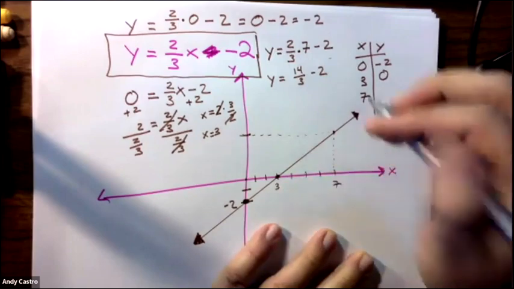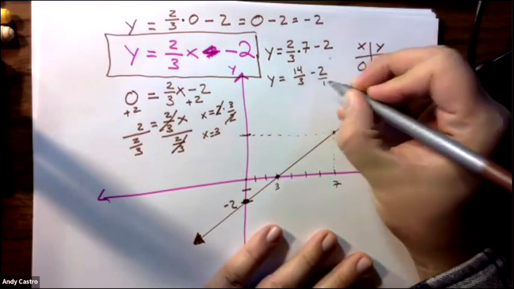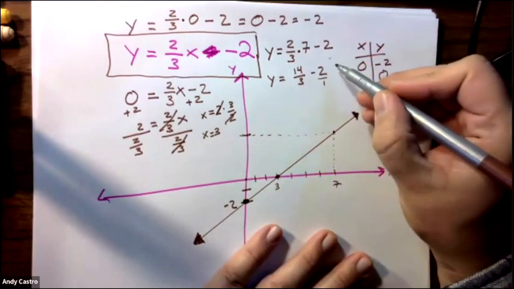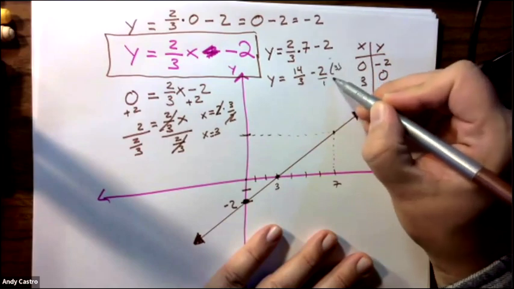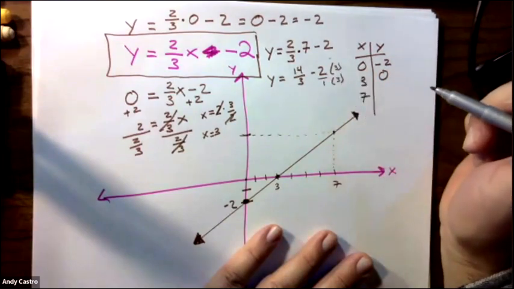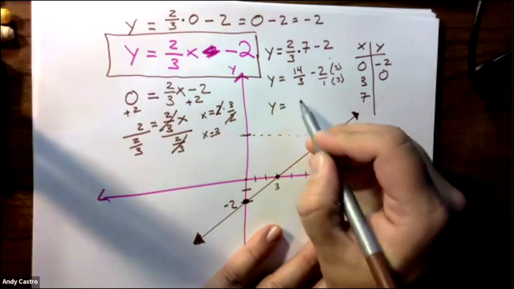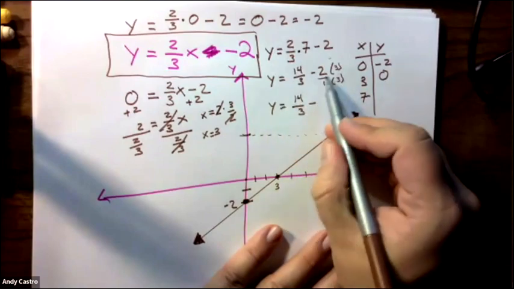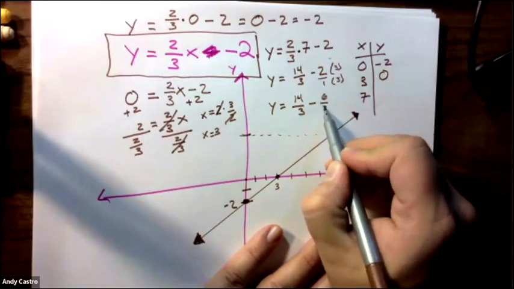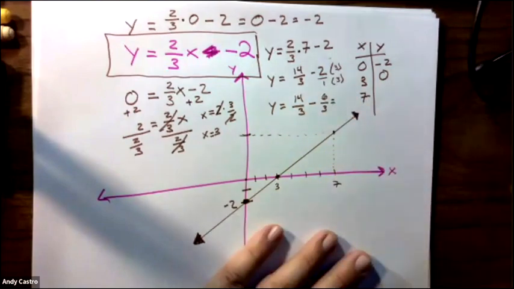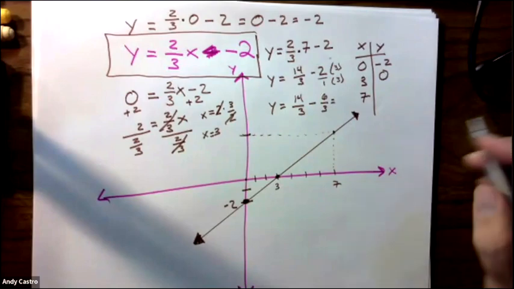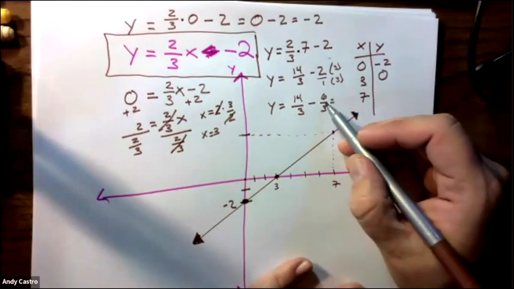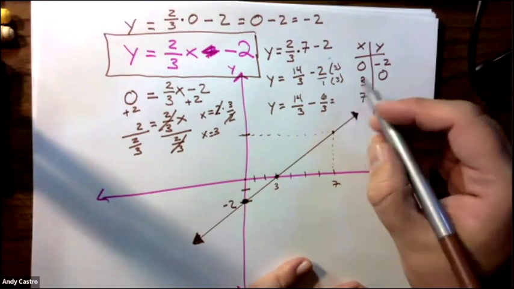I want common denominators, so I'm going to change this to 2 over 1 and multiply the top and the bottom of that by 3. So y is equal to 14 over 3 minus 6 over 3. And that gives me, minus 4 gives me 10, minus 2 more gives me 8.